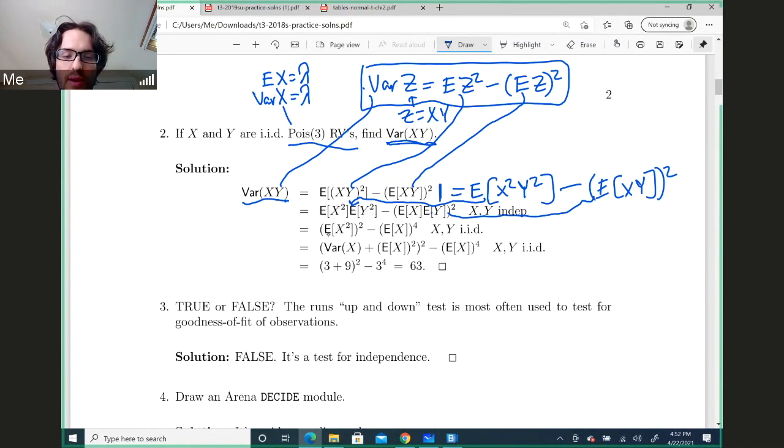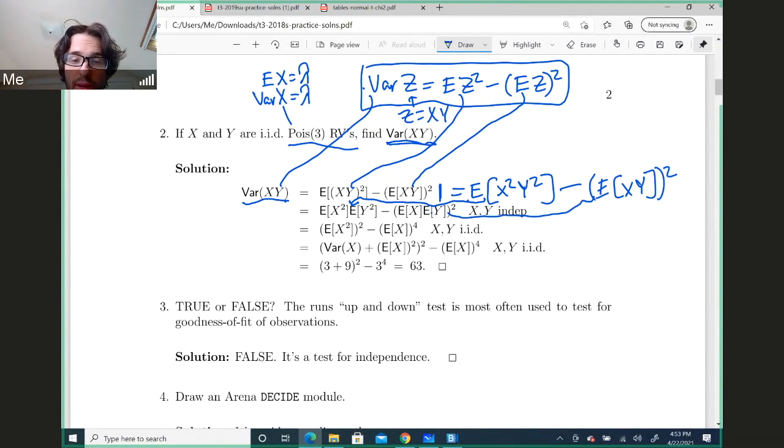That's why you end up with E of X squared to the 2 power. On the right-hand side, we do a similar thing where E of X times E of Y is the same as E of X, squared again, and that's how we end up with E of X to the 4th here.